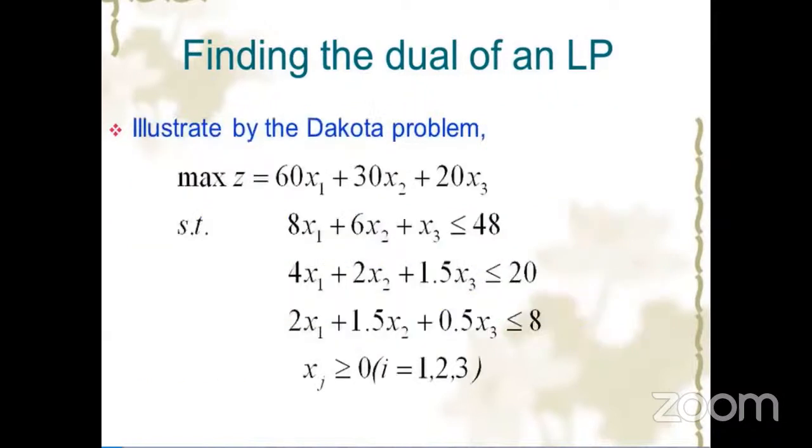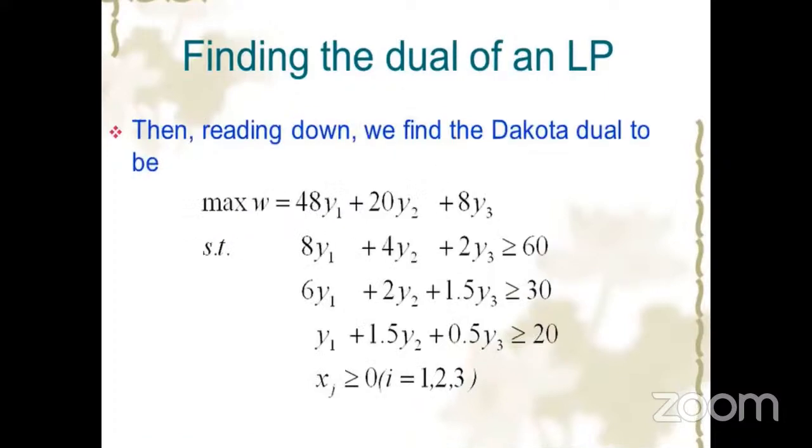Yes, sir. Okay, here is an example illustration, the Dakota problem; Dakota is just a name given. Maximize z equals 60x1 plus 30x2 plus 20x3 subject to the constraints, less than or equal to 48, 20 and 8, where xj is greater than or equal to 0. This is a primal problem, and converting it into a dual becomes like this.